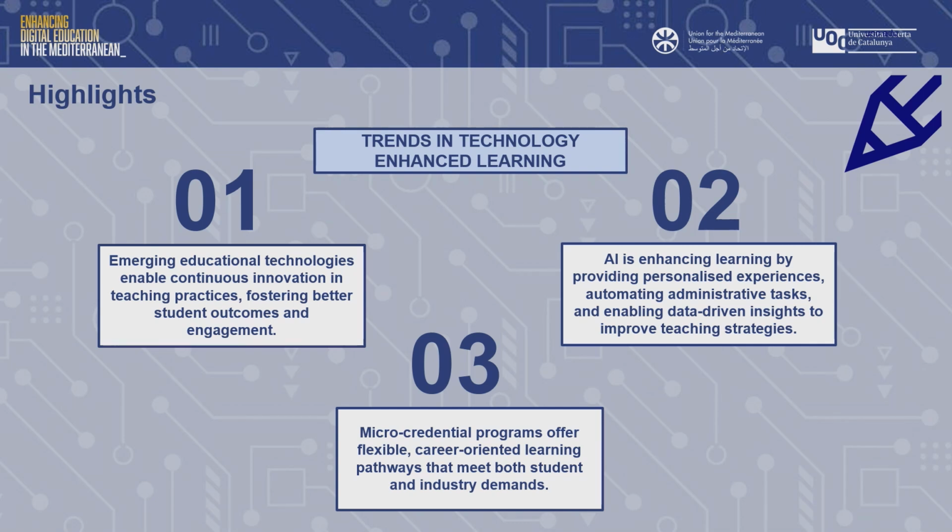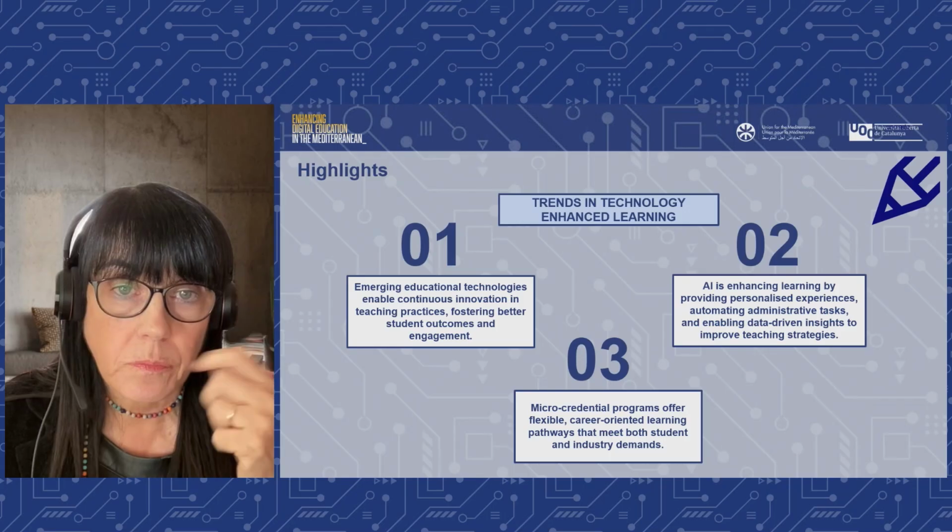to refine teaching strategies. And finally, the last highlight is about micro-credentials programs, because this allows to reshape educational offerings into more flexible or career-oriented pathways that align with both students' aspirations and industry needs, bridging the gap between education and professional success.